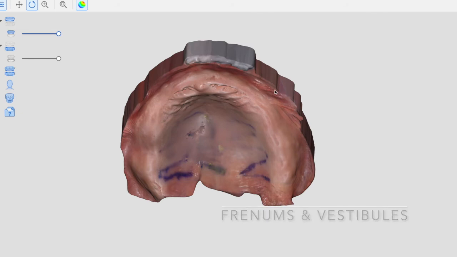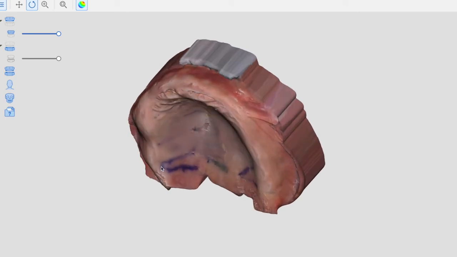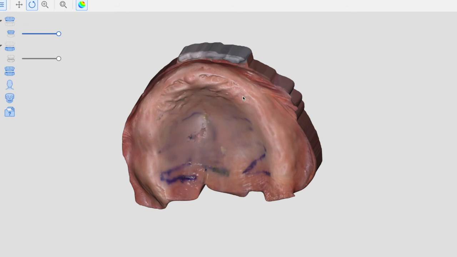As you can see, the buccal frenum and labial vestibule and the buccal vestibule. So you could see very well by rotating it. You could see where the frenum and the vestibule of the maxilla are.